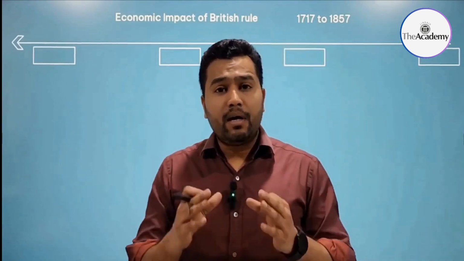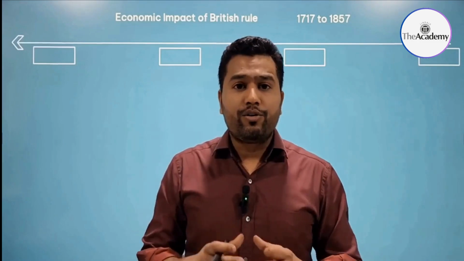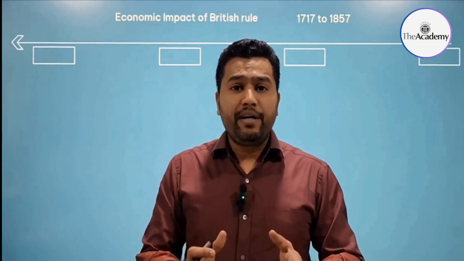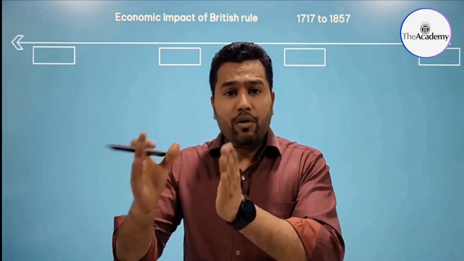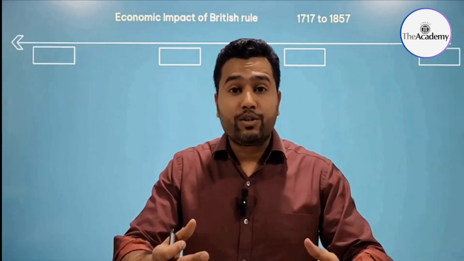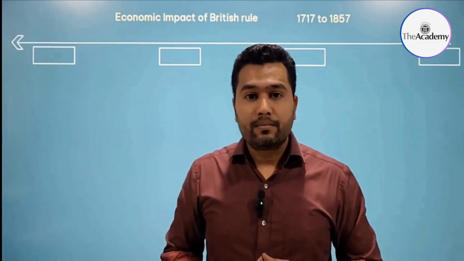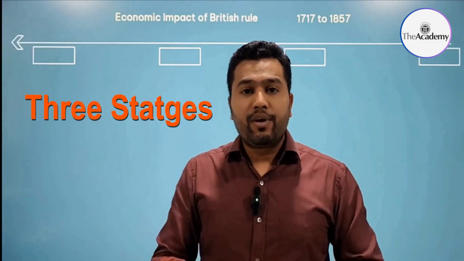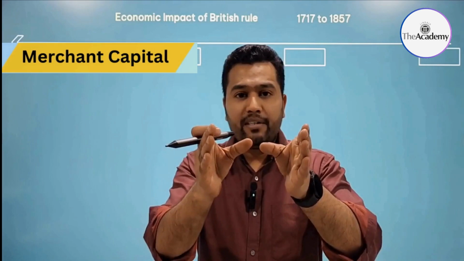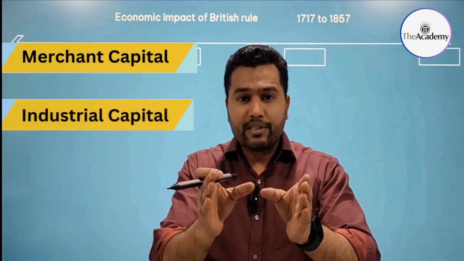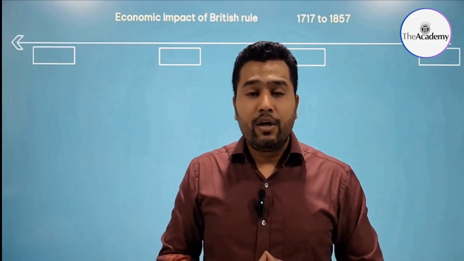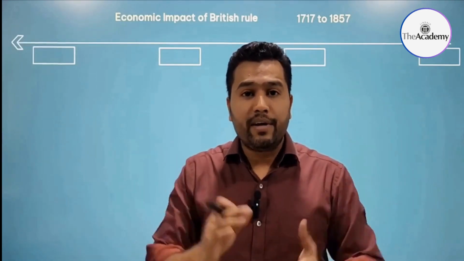And accordingly, the Marxist school of historiography identified 3 stages of economic colonization of India. These 3 stages were identified as mercantilist or merchant capital stage, industrial capital stage, and financial capital stage. So let us understand how these stages were divided.